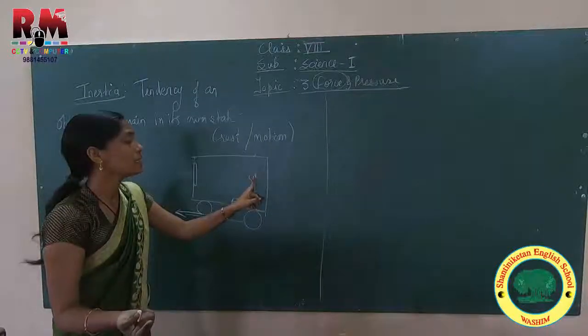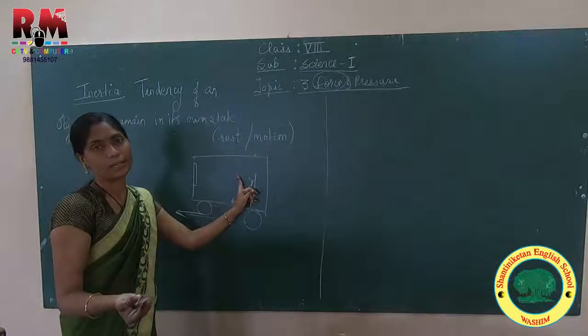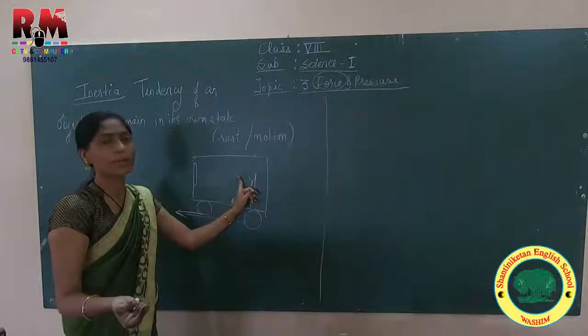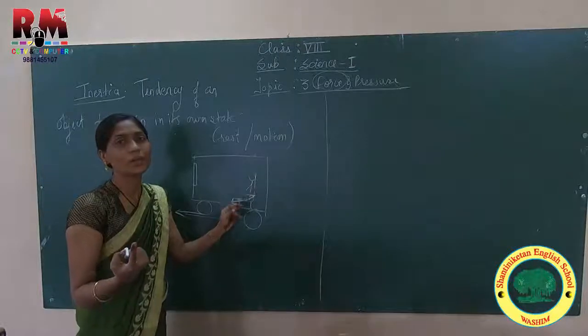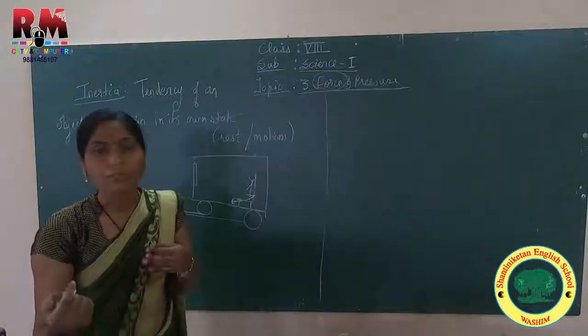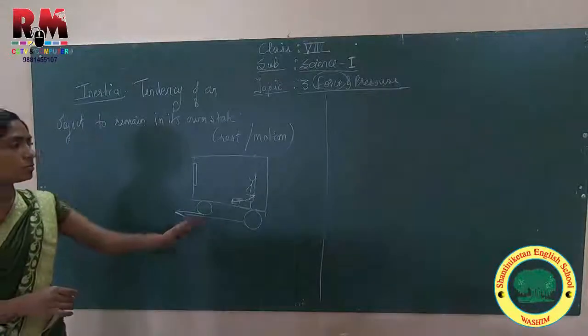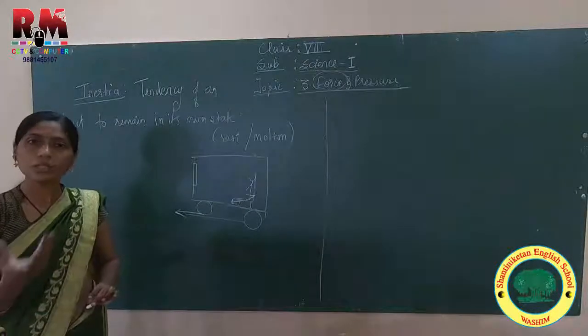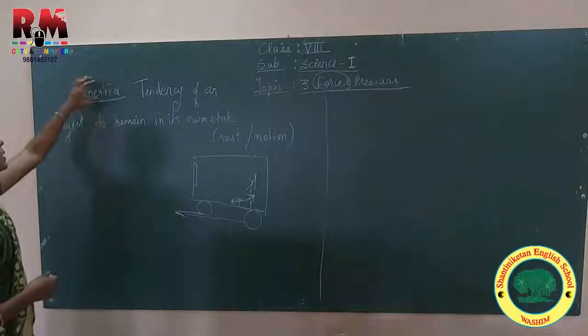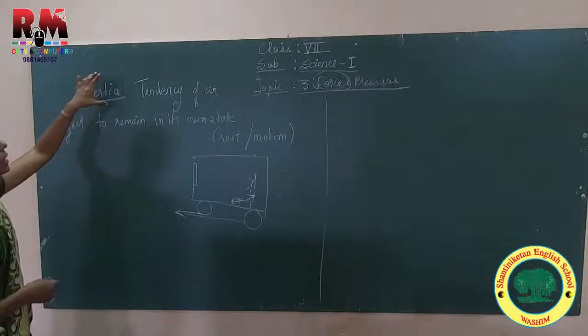What inertia? That it is still moving in the forward direction. That's why we get a forward jerk. And after some time we regain our seat. So this is nothing but inertia.